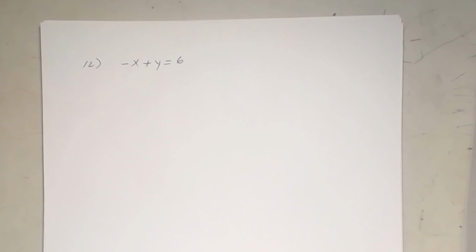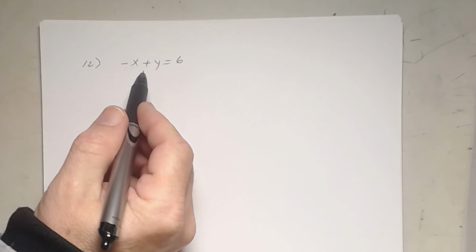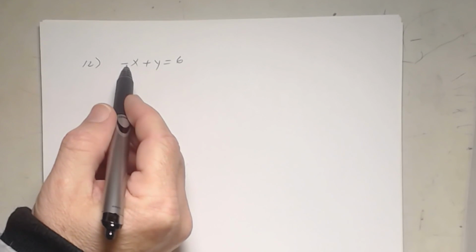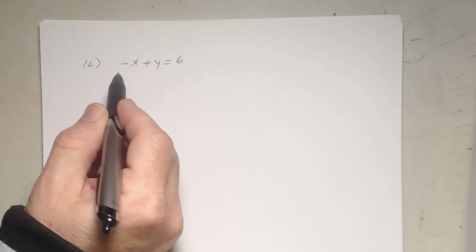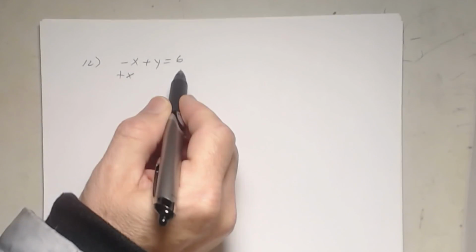And it's always easiest for students to use a t-table if they get one of the variables by itself first. All right, now the variable to get by itself first in this case is y, because the coefficient of y is what? Positive 1. All right, so get that by itself. And so that means I want to bring this -x term to the other side. So to do that, what do I need to do?